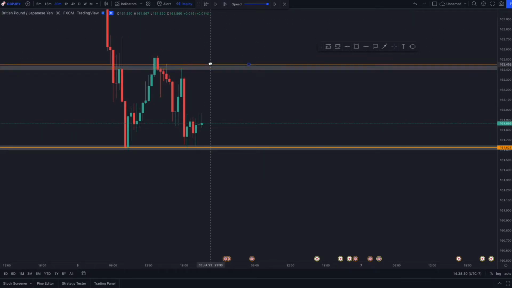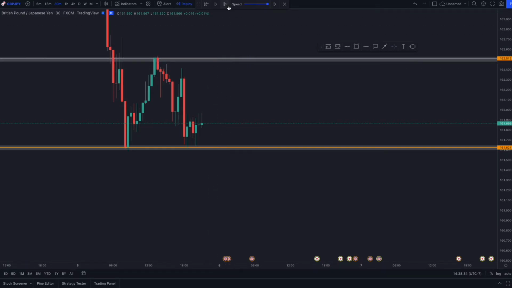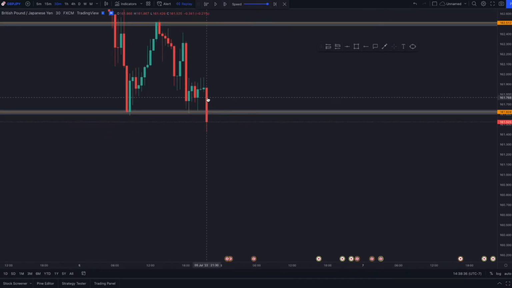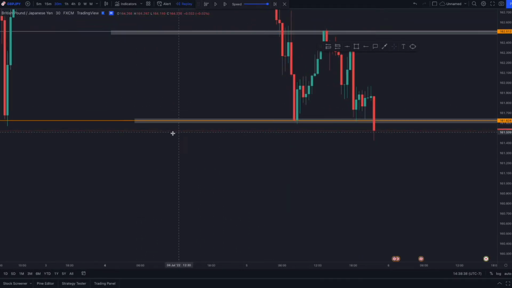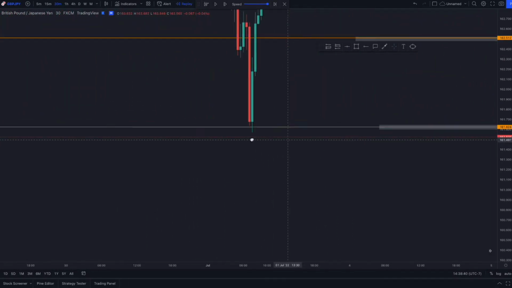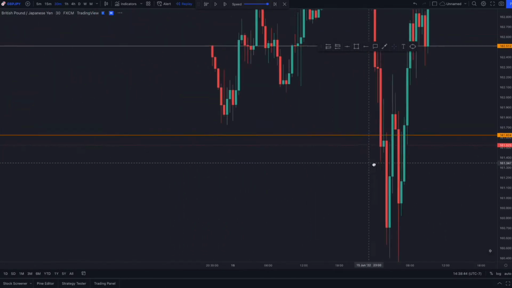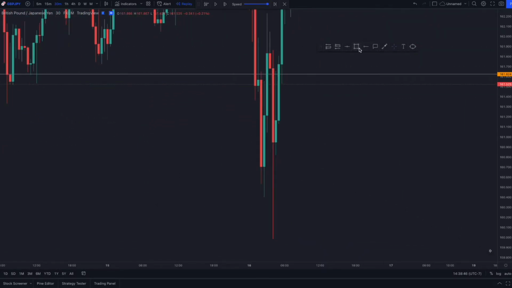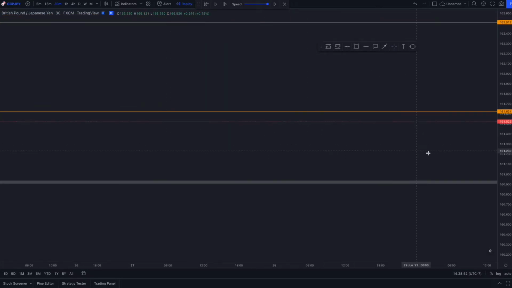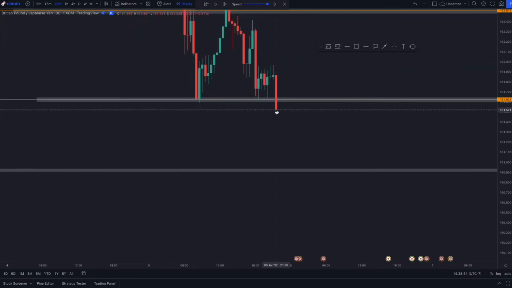So this is just this right here on the top. Oof. Okay. We have a closure below this area. Let's just see. And now we could potentially go all the way down here. Now let's see the time. 21:30.